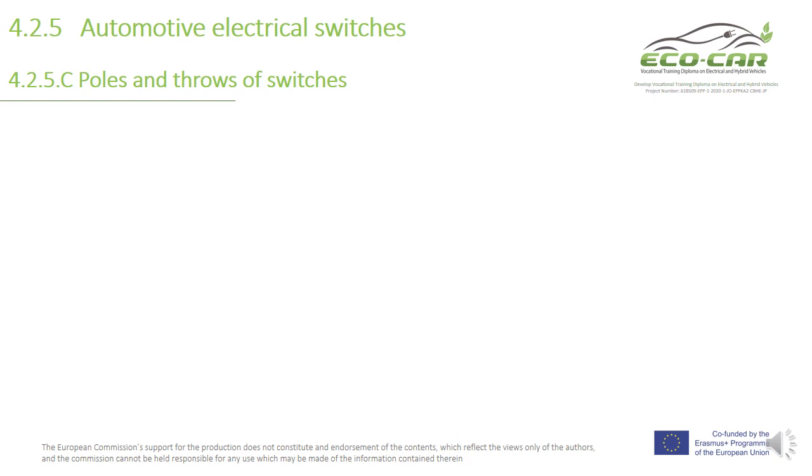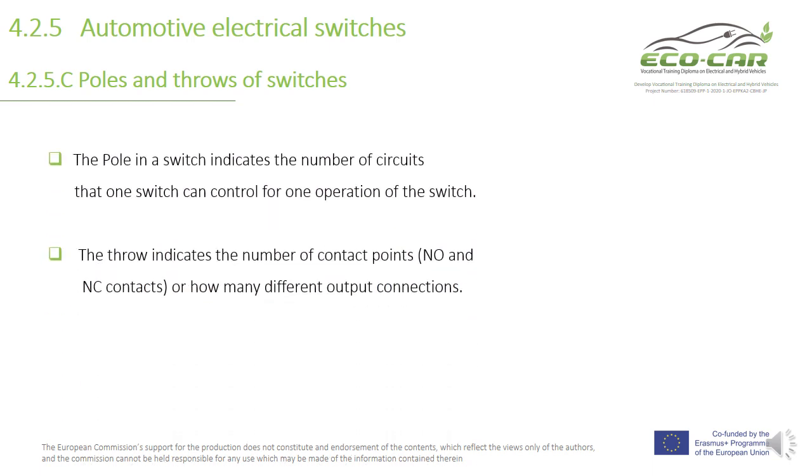Poles and throws of switches. What's the meaning of poles? What's the meaning of throws inside the switch? The pole in a switch indicates the number of circuits that one switch can control for one operation of the switch.